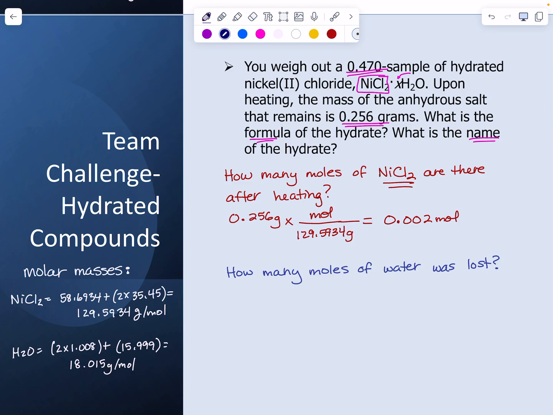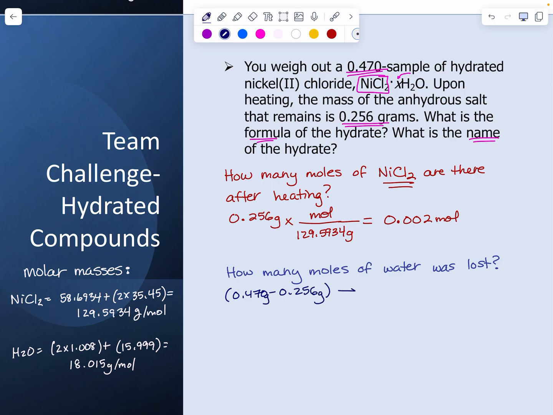Did anybody figure out how much water was lost? So you have to figure out what the mass is first, right? How many moles of water was lost? Exactly. So we lost 0.47 minus 0.256 grams, right?